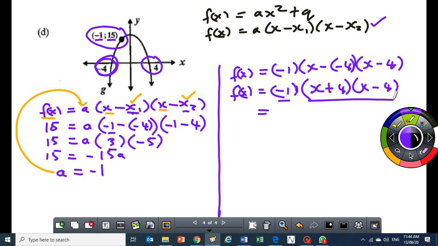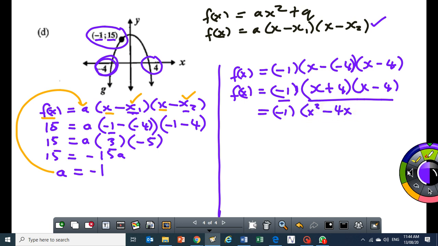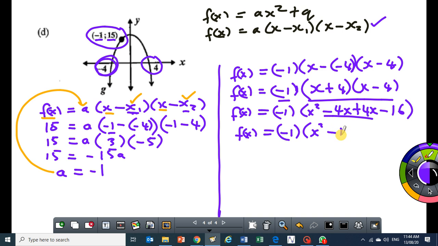So I'll have minus 1, x times x, that's x squared. x times minus 4, that's minus 4x. Positive 4 times x, that will give me positive 4x. Positive 4 times minus 4, that's minus 16. These two will give me 0. So my equation will become f of x equal to minus 1 times x squared minus 16.